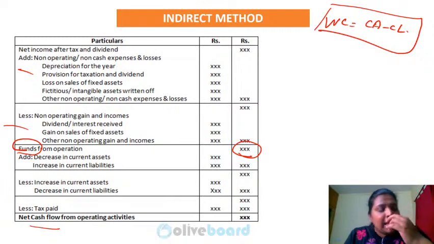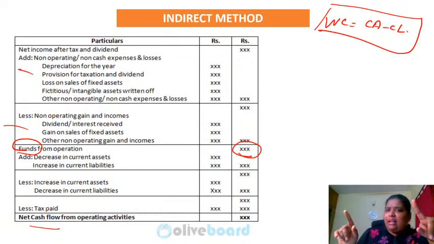All right. In our financials, I hope your class has shown you how the financials will look like, right? I think I have shown the Schedule 3 format. So always we will be giving 2 years' comparison.